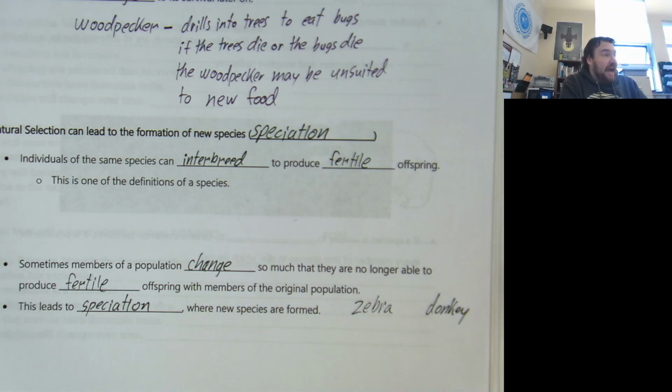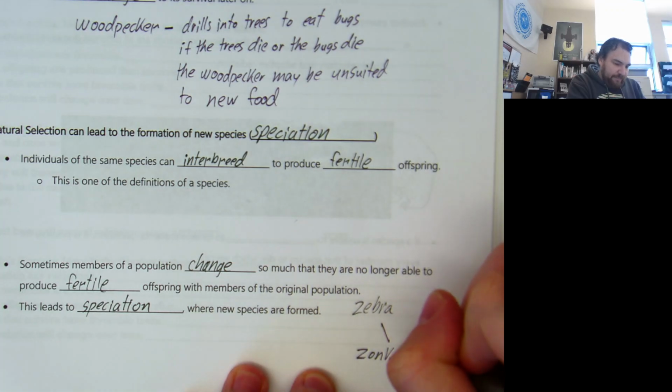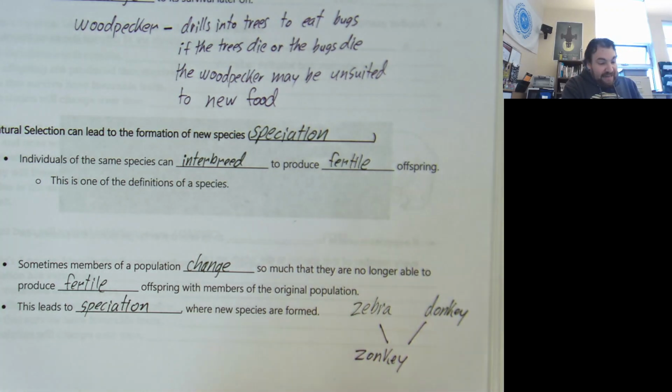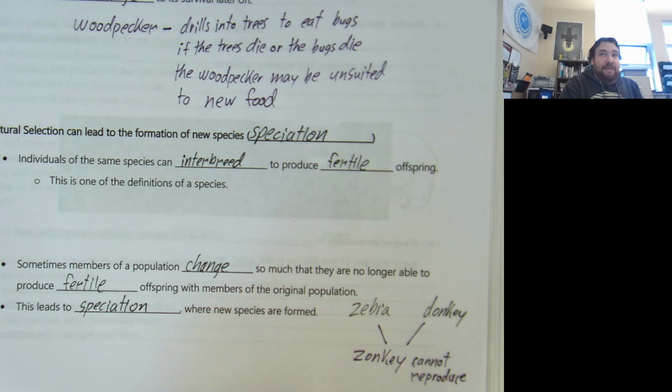Size-wise, zebras and donkeys are similar in size, similar in structural appearance. But if you take a zebra and a donkey and you breed them, you make something called a zonkey. And a zonkey cannot reproduce. You cannot make zonkeys.